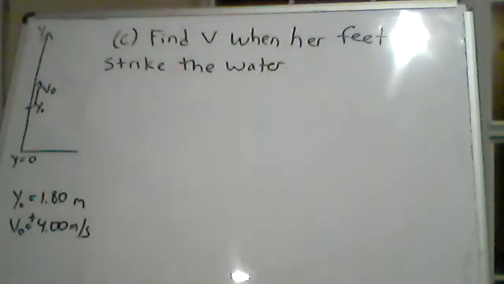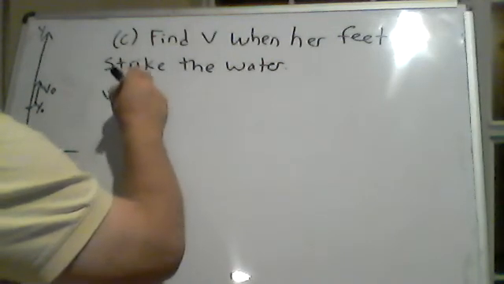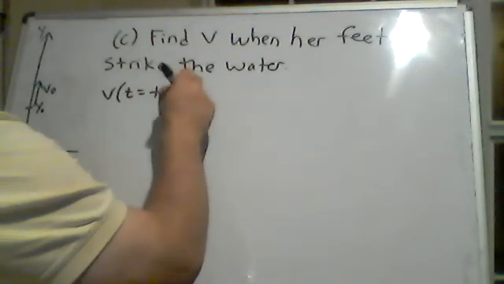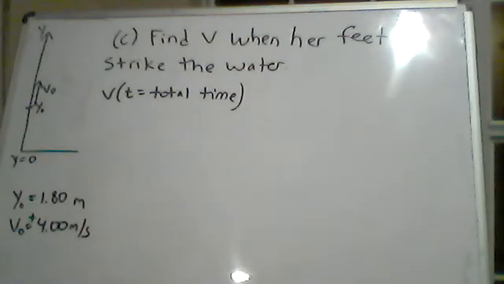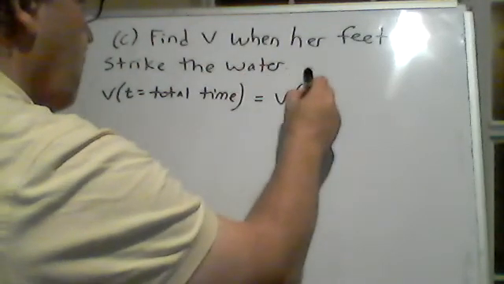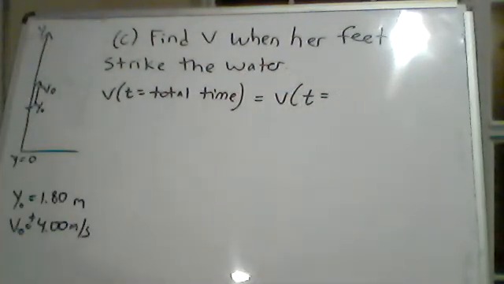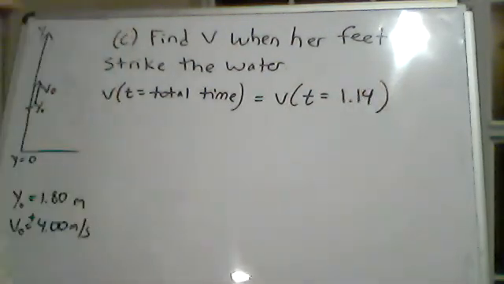Well, I really want to find v for t equal total time, which I calculated in part A. Remember, go back to part A, how long was she in the air? 1.14 seconds. I really want to find out what her velocity is when she was basically about to hit the water. That's another way of looking at this.